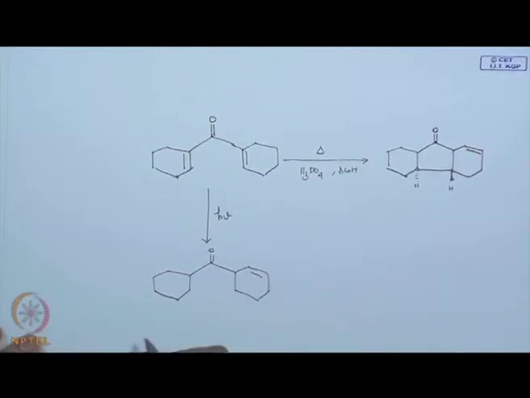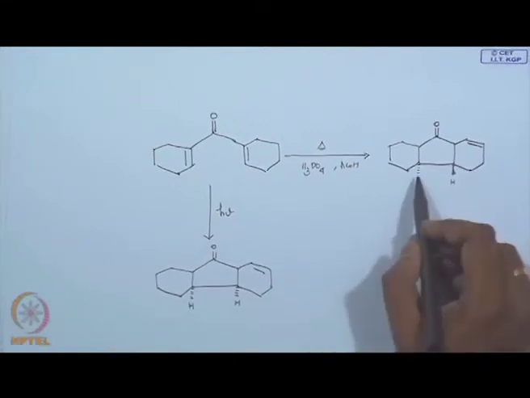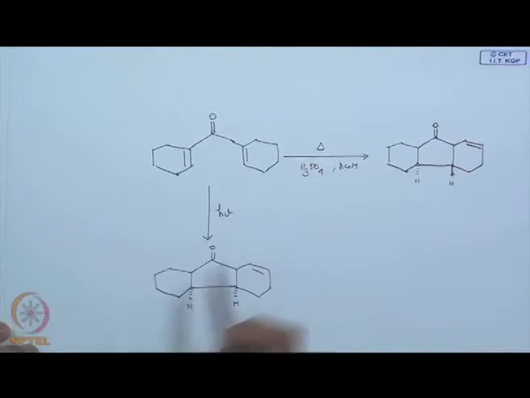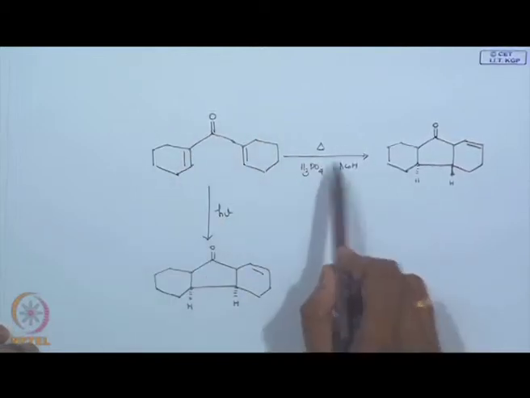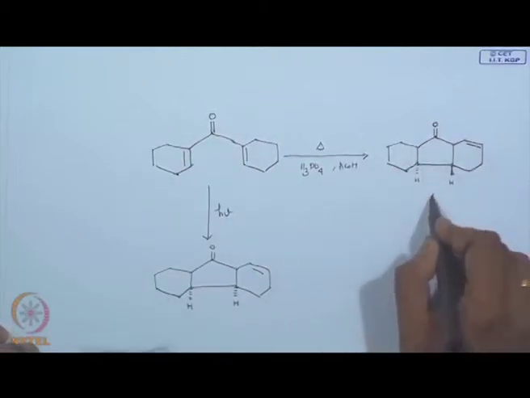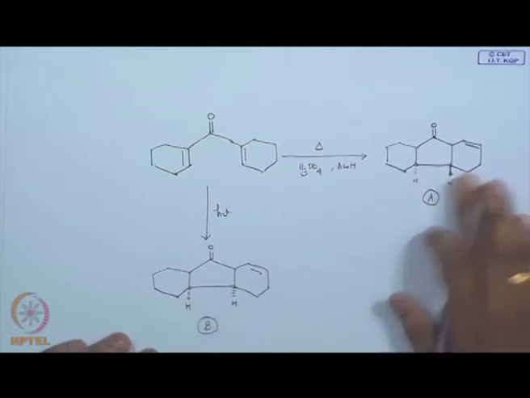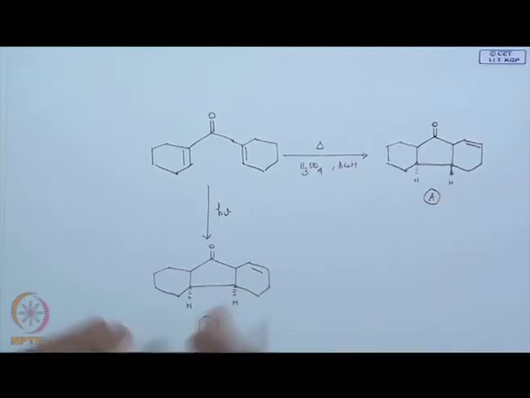just a similar product, okay, but the important part is that you have to understand its stereochemistry. See, in this case the 2 hydrogens are in different planes, and in this case the 2 hydrogens are in the same plane. Okay. So, if I take this molecule and heat, I get product A, but if I photolyze, I get this product B. So, I get 2 different products, and you know why.